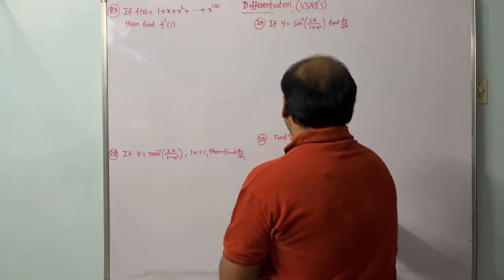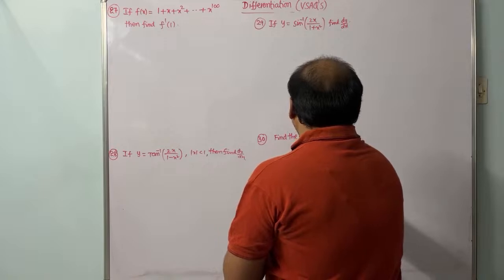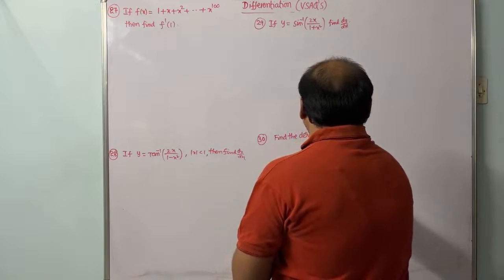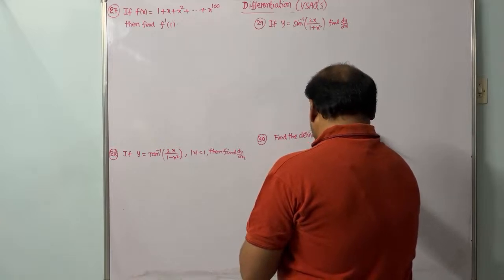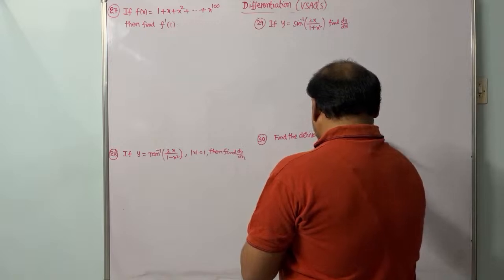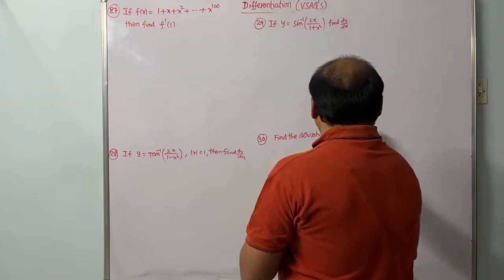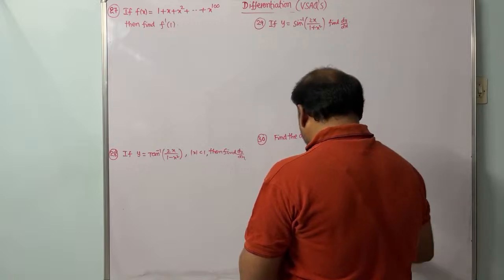Find the derivative of tan inverse of 1 plus x by 1 minus x.